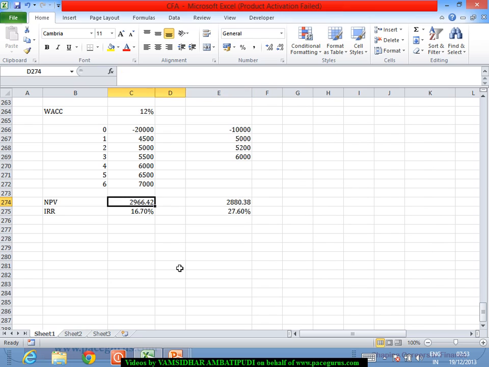So if I am going by the NPV approach, it looks like I have to prefer the first project, which has a useful life of 6 years, whereas when I am going with an IRR approach, I have to look at the second project, because the first project has an IRR of 16.7, whereas this is 27.6, and at the same time the useful lives are different for both the projects.